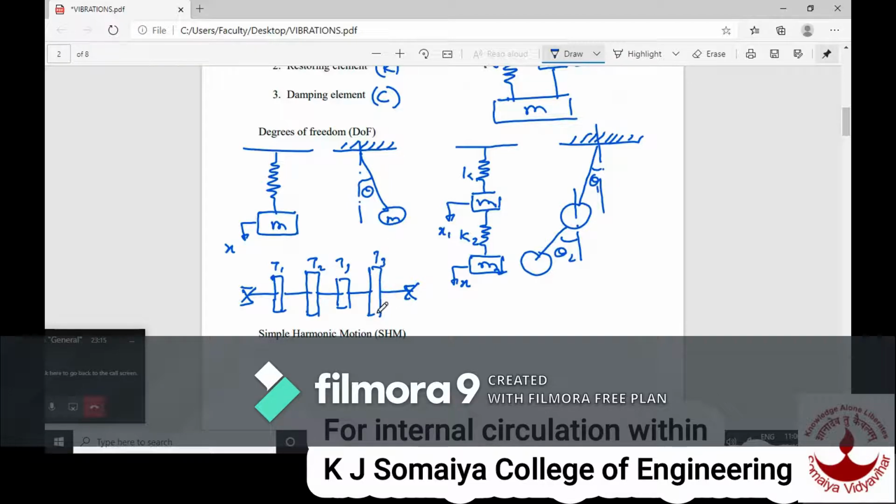So this is called several degrees of freedom. Whereas if I consider a fixed beam with some uniformly distributed load on it, this system is called a multi degrees of freedom vibrating system, or rightly it is called an indefinite degrees of freedom system.